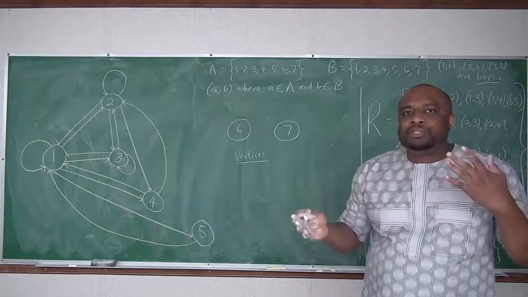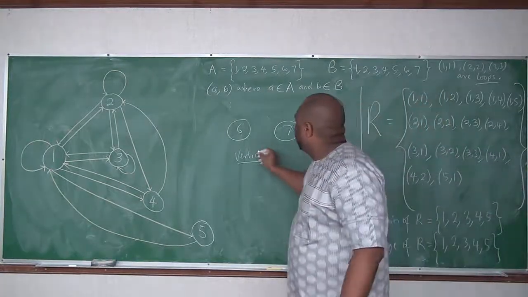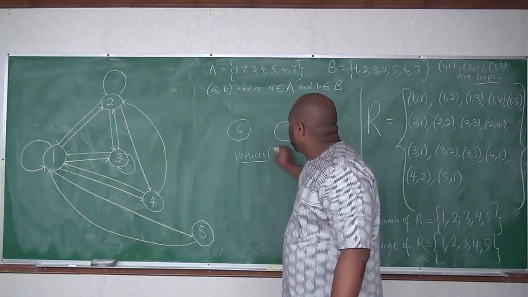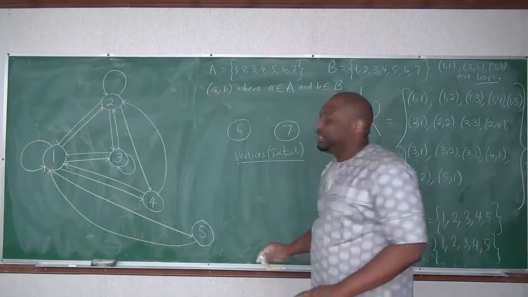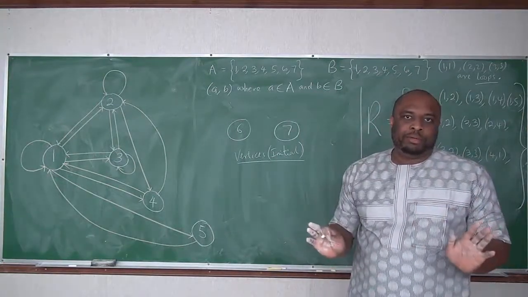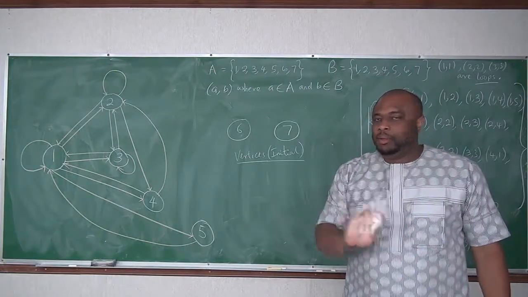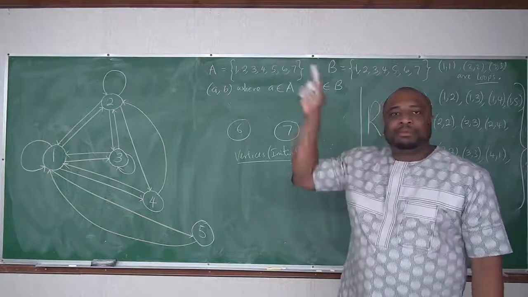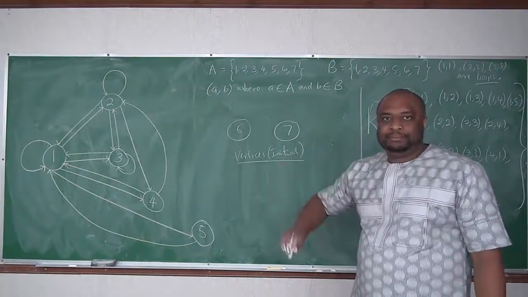We can either do initial or we can do the terminal. It doesn't matter. But in this case, let's do initial. Initial meaning there is no arrow pointing towards it. Rather, it's moving from that initial vertex.